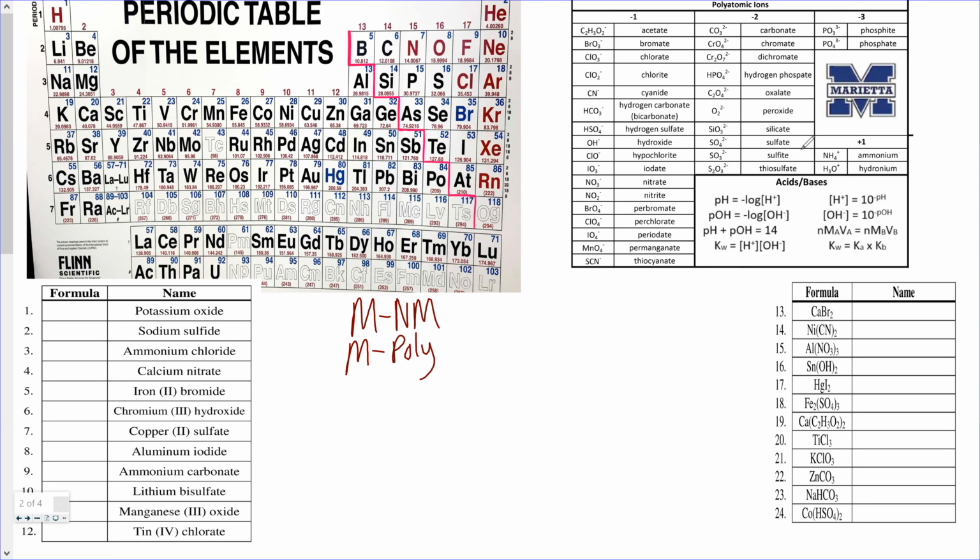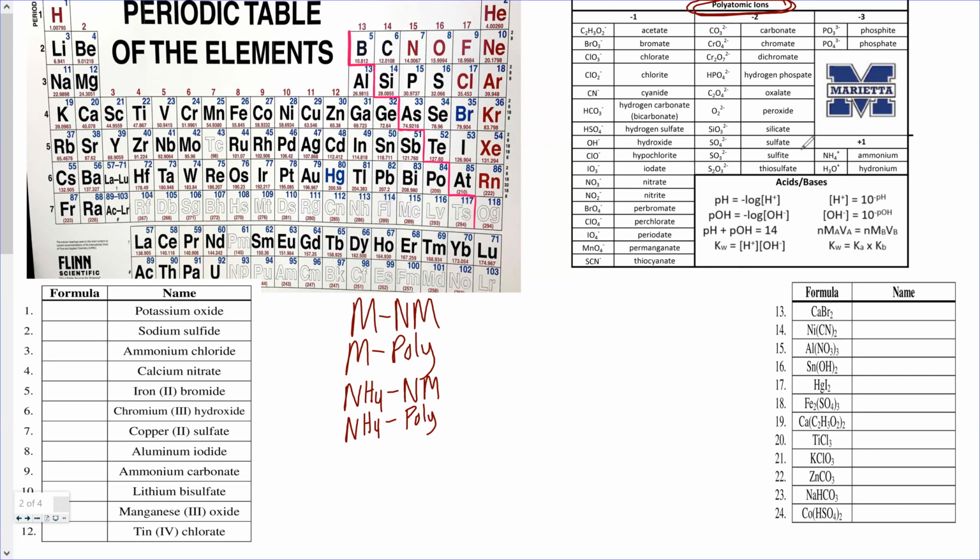Polyatomics are these guys over here, polyatomic ions, okay? The other thing you can have is a polyatomic, specifically NH4, bonded to a non-metal, or you can have NH4 bonded to a polyatomic. These are the two we haven't talked about, all right?